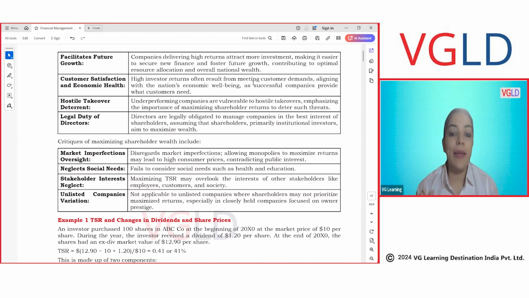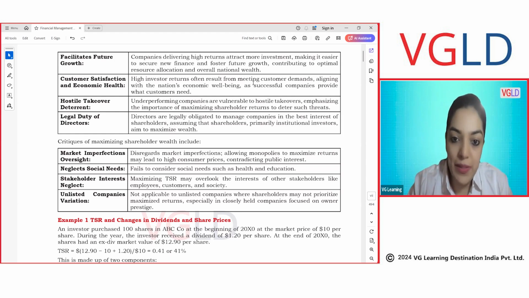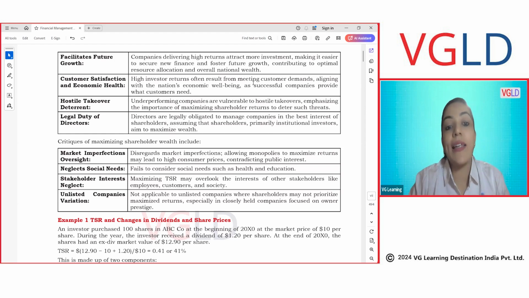You will be able to succeed in business only if you are able to satisfy your customers. So, if a company is able to generate high investor returns, it is reflective of the fact that the company is able to satisfy its customers through its offerings in the market.